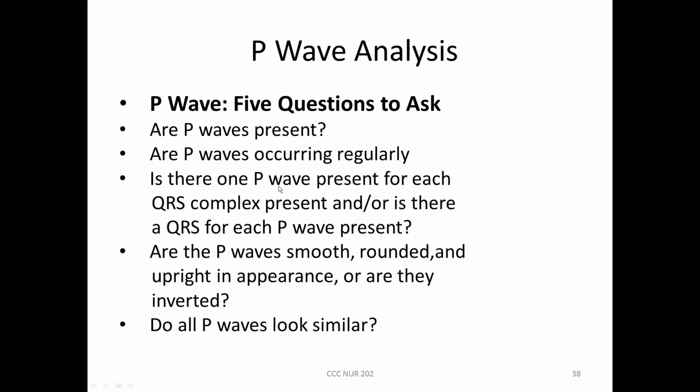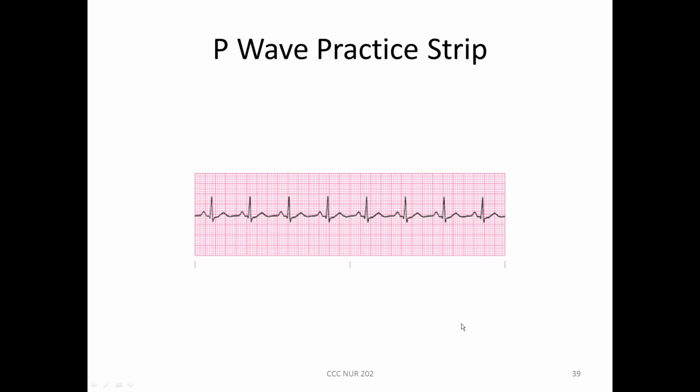Is there one P wave present for each QRS complex present, or is there a QRS for each P wave present? Are the P waves smooth, rounded, and upright in appearance, or are they inverted? Do all P waves look similar? So that's a lot of questions you need to ask for your P waves. I'm going to give you a second to look at that.